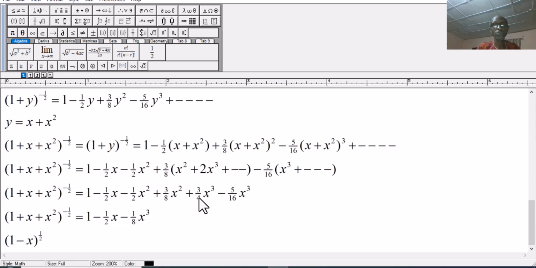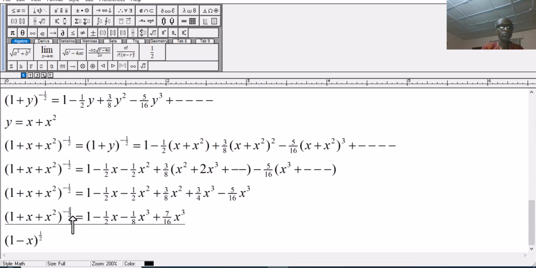The next one will give us 4, that's 12, and 12 minus 5 will give you 7. So plus 7 over 16 x cubed. So this is our expansion for that.